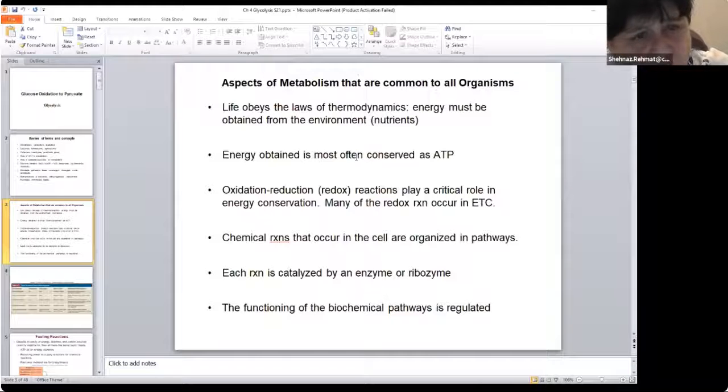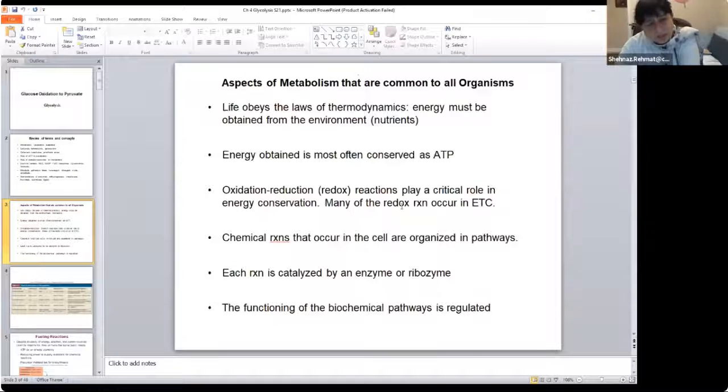Energy obtained is often conserved as ATP. This is the short-term conservation of energy, which is ATP. Not only is ATP the source of driving some of these reactions in the cell, but oxidation reduction reactions also play a critical role in energy conservation.